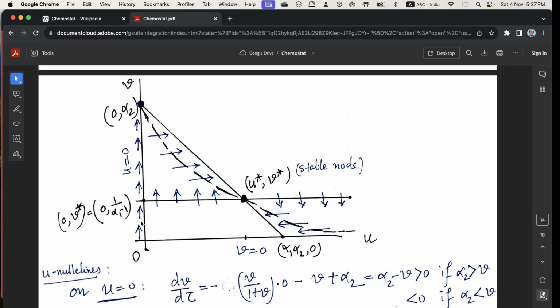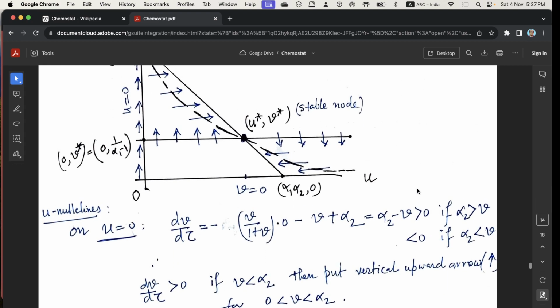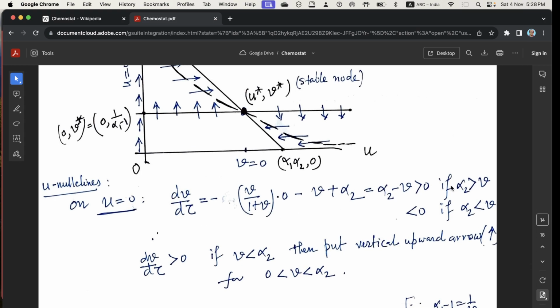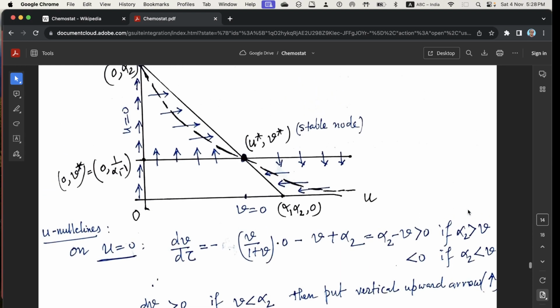The horizontal velocity component is 0 on this line u equal to 0, and on the line v equal to 1 by alpha 1 minus 1. And on this u nullcline, u equal to 0, to determine the direction dv d tau, we get this positive if alpha 2 is greater than v, and this negative if alpha 2 is less than v.